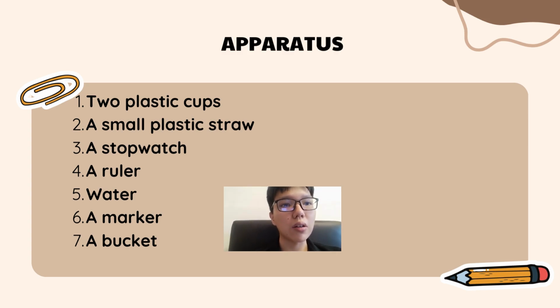Then, we need a ruler to measure the height of the water level, and water as the medium. Next, we need a marker to mark the water level of cup B after a certain time. And lastly, we need a bucket to collect the excess water.